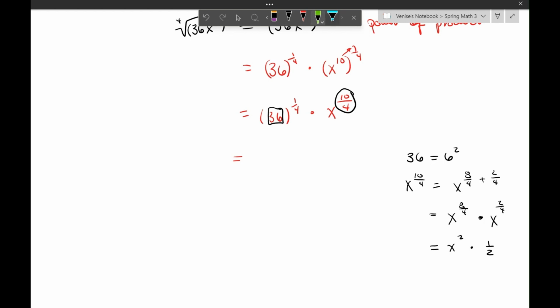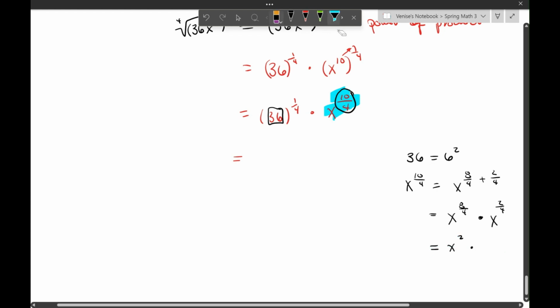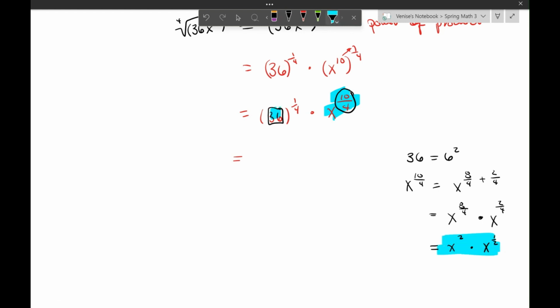So I'm going to replace this with x squared and this with x to the 1/2. So it becomes 6 squared to the 1/4 times x squared times x to the 1/2.